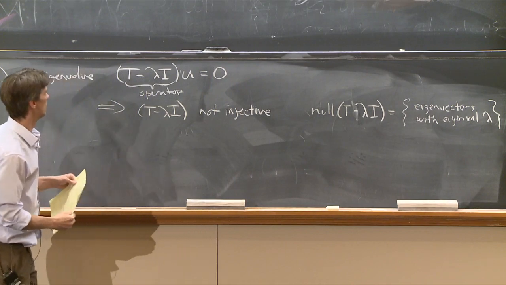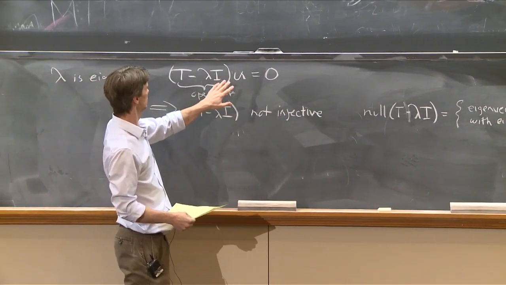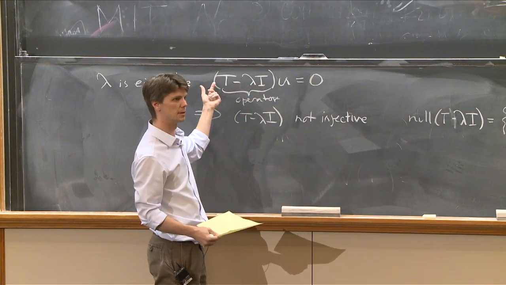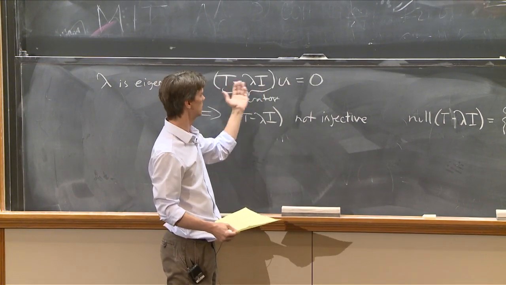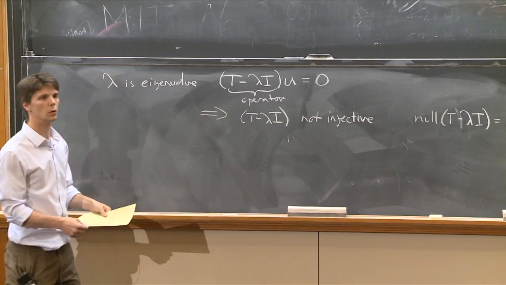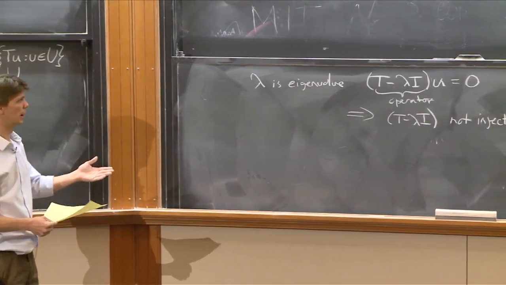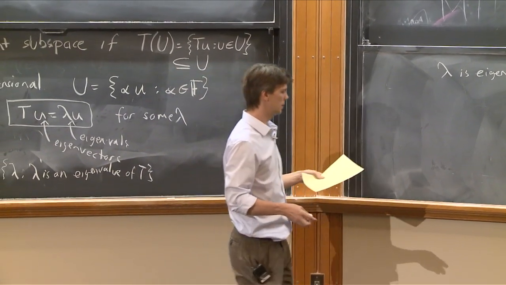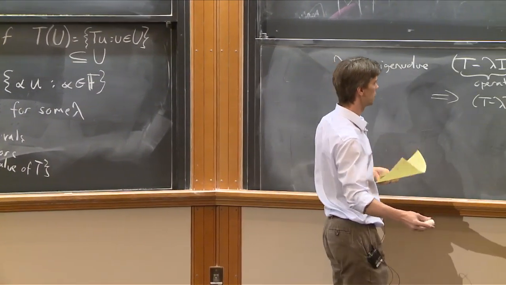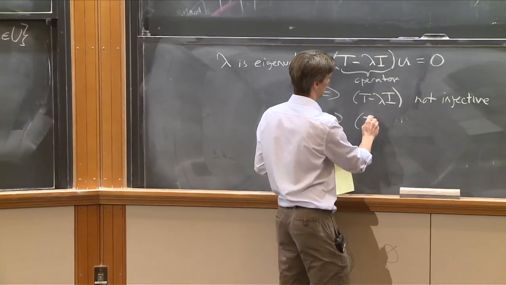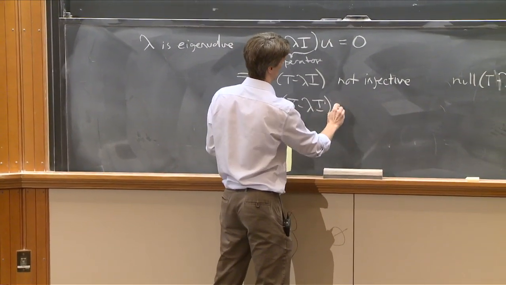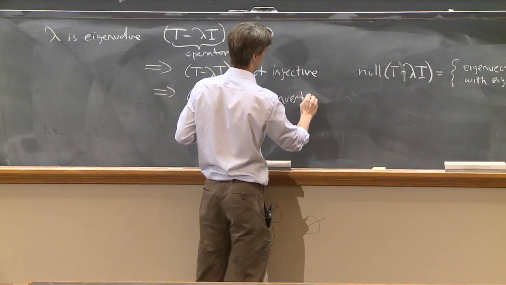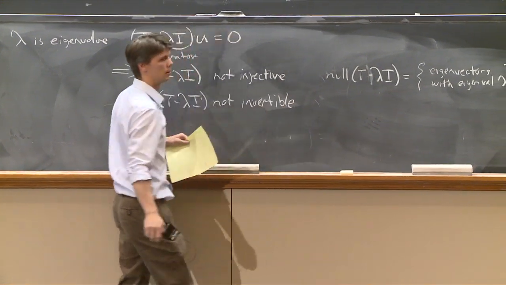For every eigenvector with eigenvalue lambda, T acting on it just gives lambda times the eigenvector again, and so this will vanish, right? And we've previously seen that if something is not injective, it's also not invertible.